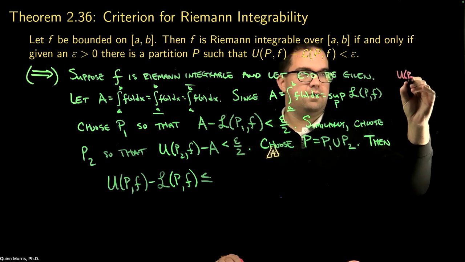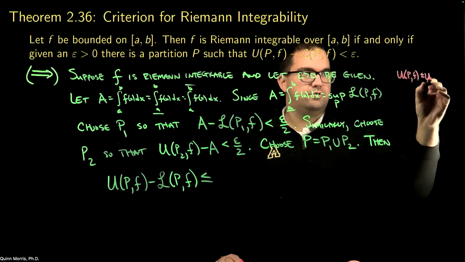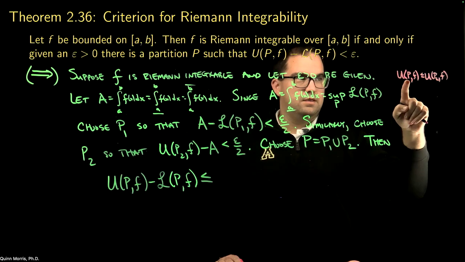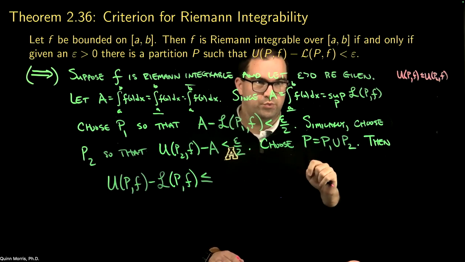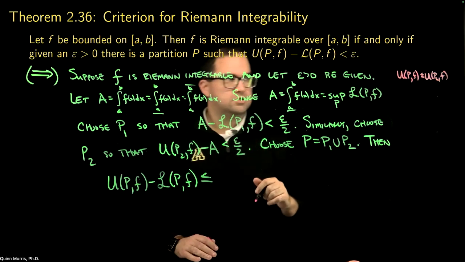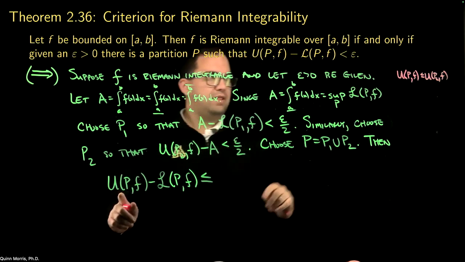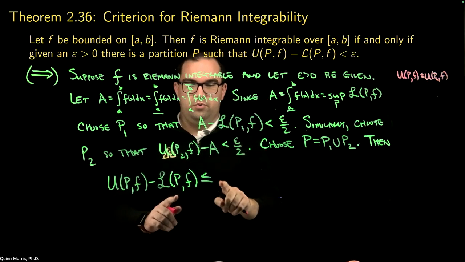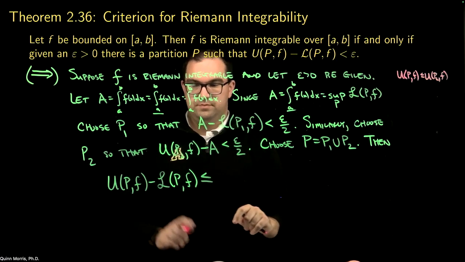So the upper sum of P must be less than or equal to the upper sum of P2, F, because P is a refinement of P2. Okay, so if we replace this with P2, we're going to make this difference larger.